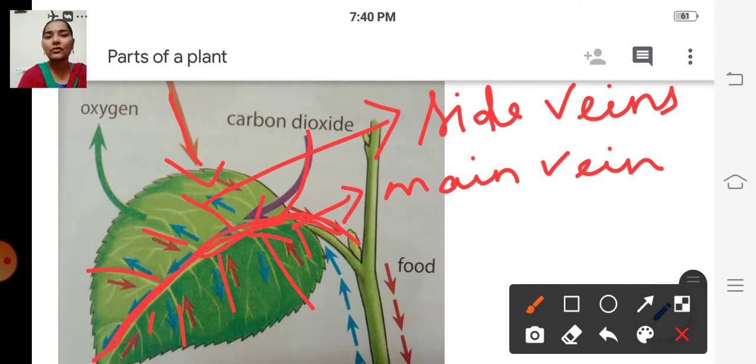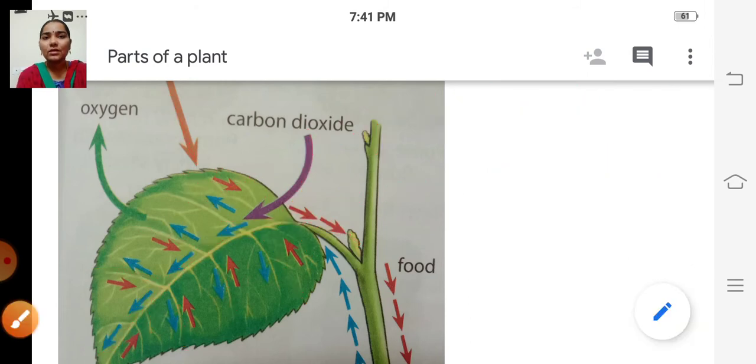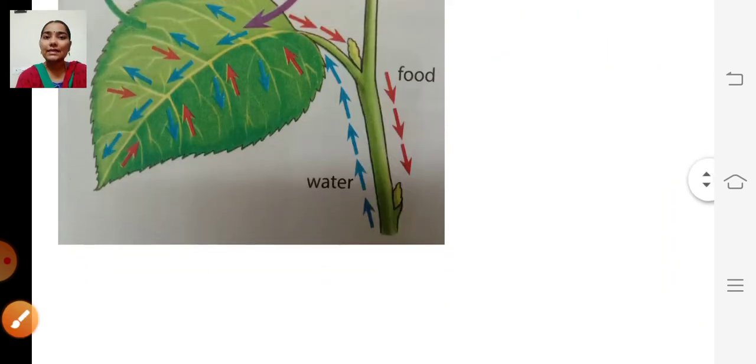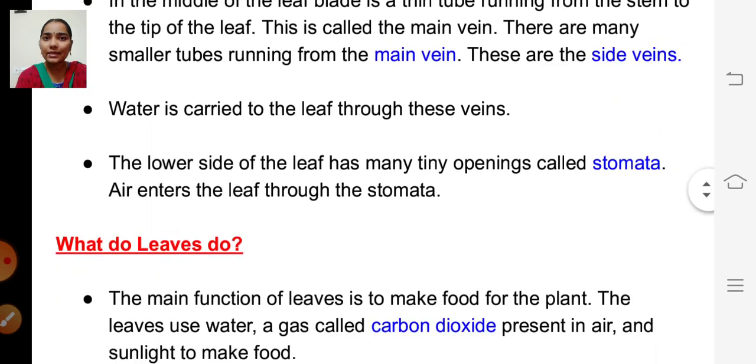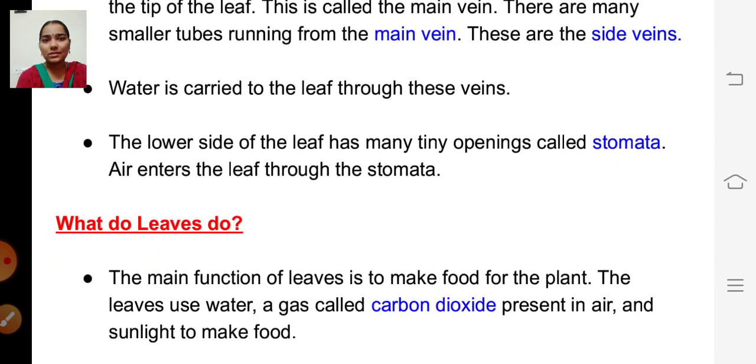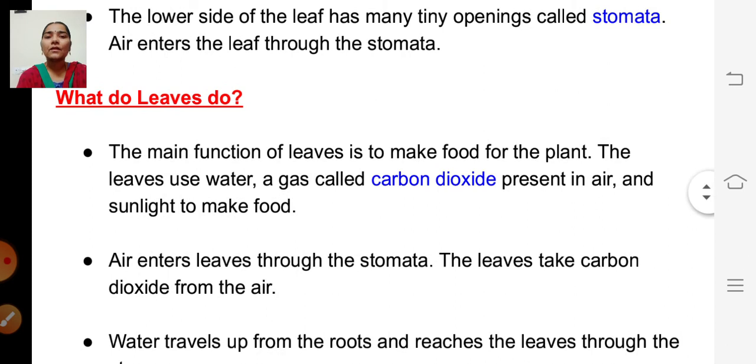On the lower side of the leaf there are tiny openings called stomata, so air enters through the stomata. While preparing the food, leaves take carbon dioxide inside and leave out oxygen. So, what do leaves do?